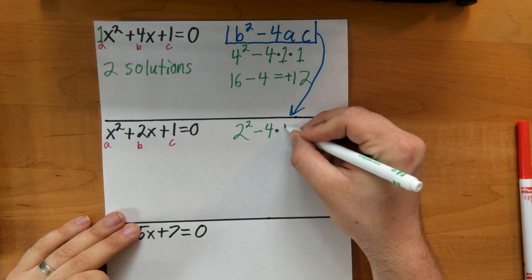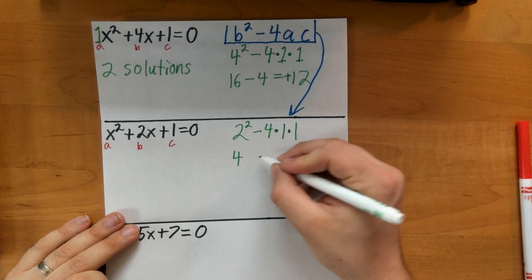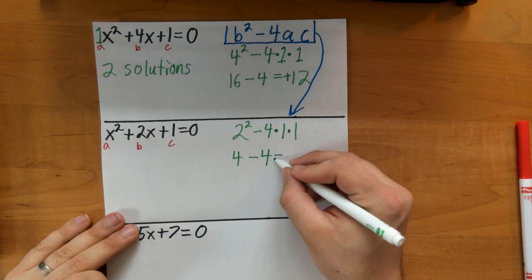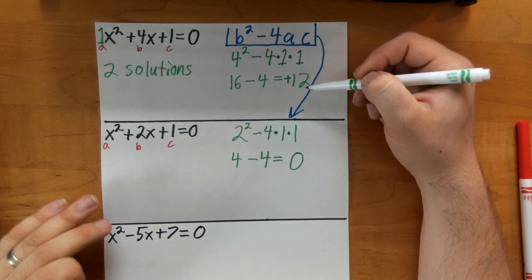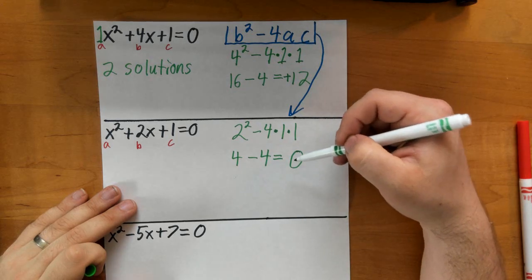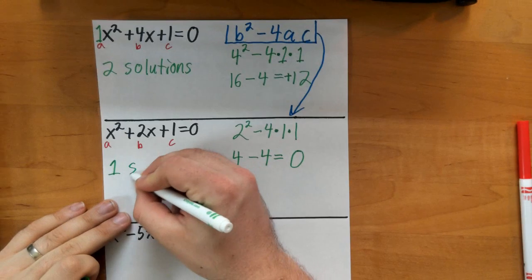Again, I have those 1's here, times a 1 and times another 1. So now I'm going to have 4 minus 4. Anytime a number is being subtracted by itself, you get 0. Alright? We don't consider 0 a positive number here. Okay? So when the discriminant comes out to be 0, that means that there is one solution.